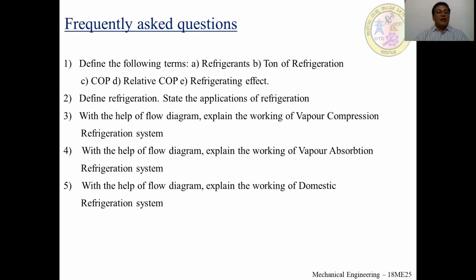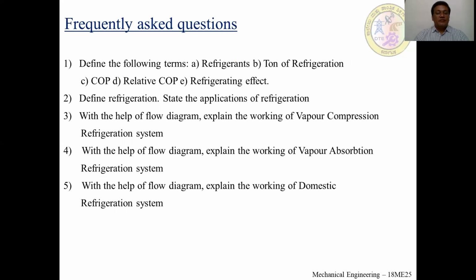And these are the frequently asked questions with respect to the refrigeration system. First question is with respect to the definitions of different terms used in a refrigeration system. The second question is again the definition and application of the refrigeration system.